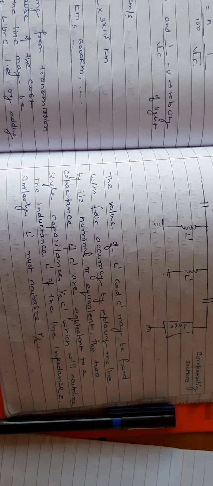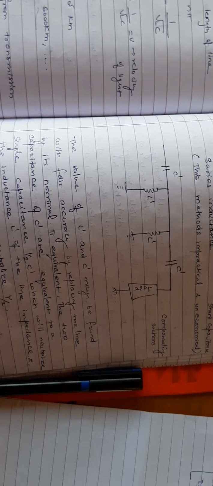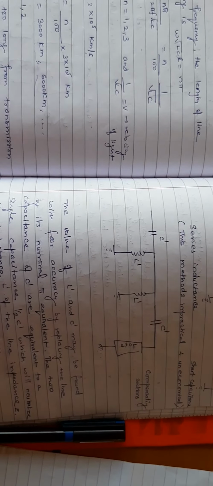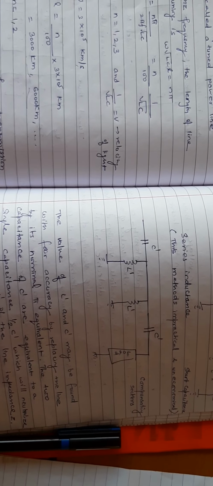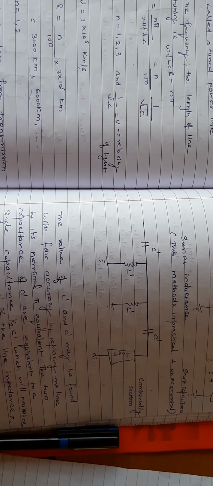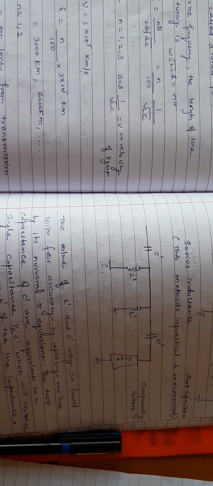So we have another method, which is called compensating sections, in which we have C dash and L dash. C dash is capacitance connected in series and L dash is inductance connected in shunt.